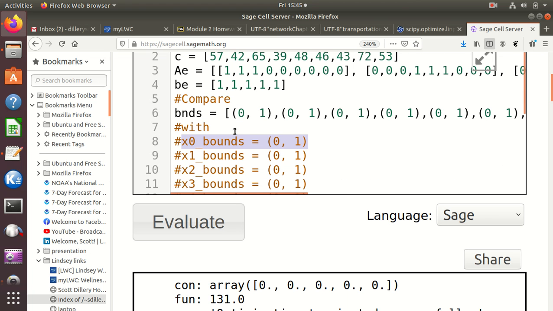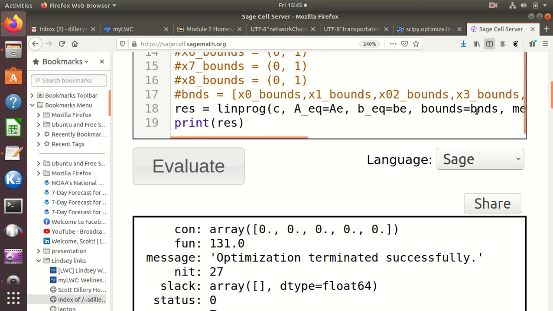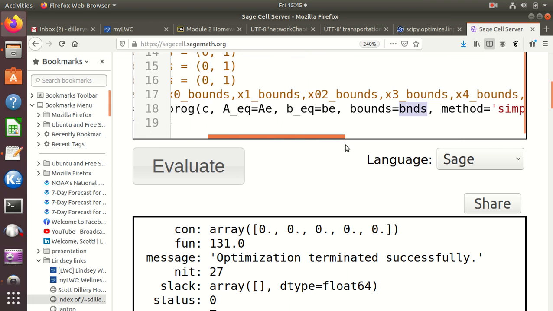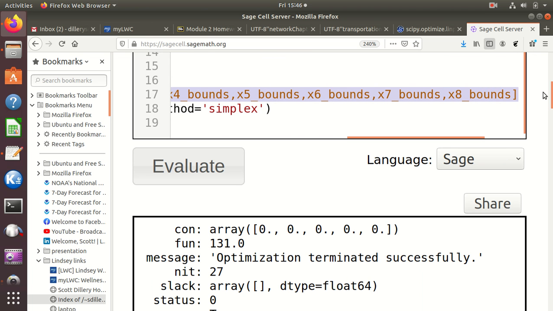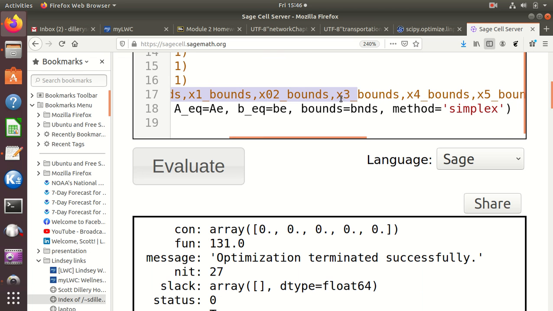Well, they're all the same, and I don't really need to write out all that. I know that that's the first variable, the second variable, the third variable. I can just put in each of those is 0, 1. And so the lower bound is 0, the upper bound is 1. And so I put that in here for the bounds, as opposed to this whole thing up here, right? I didn't want to type all that. Well, I did type it in so you could see, but I didn't want to type all that stuff in there.